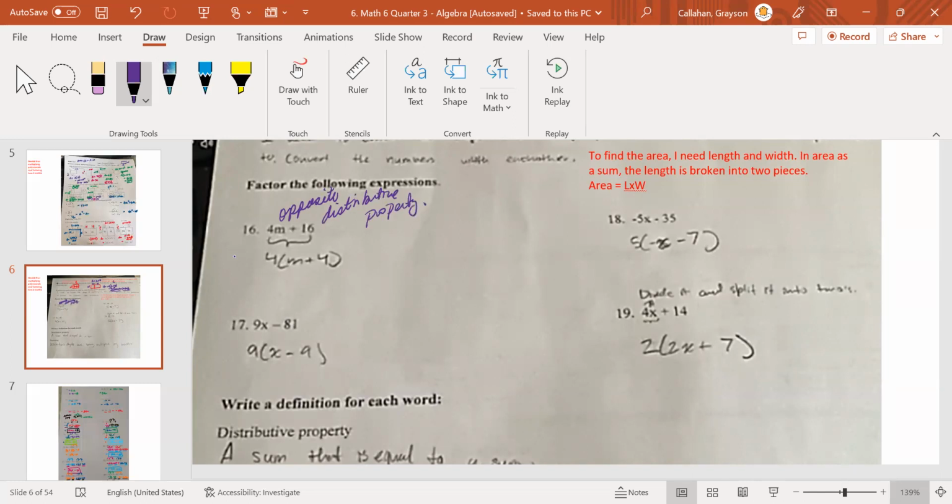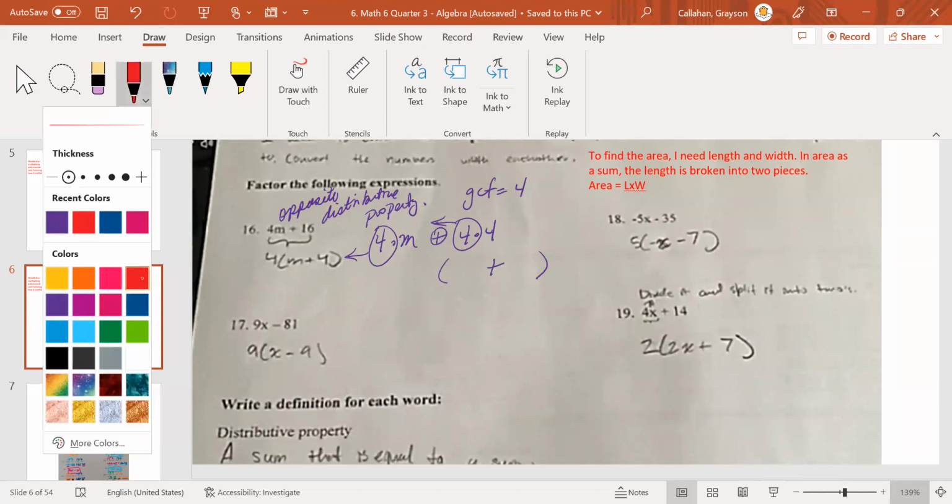Okay. So this is 4 times m plus 4 times 4. Do you remember greatest common factor? Here is 4 between 4m and 16, right? So what do they have in common? They have in common 4, right? So you're going to take that 4 out, and you put a plus sign in between them.